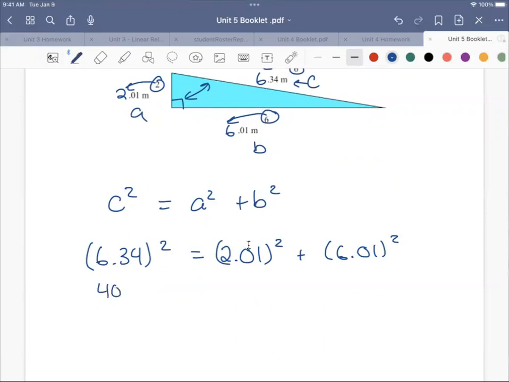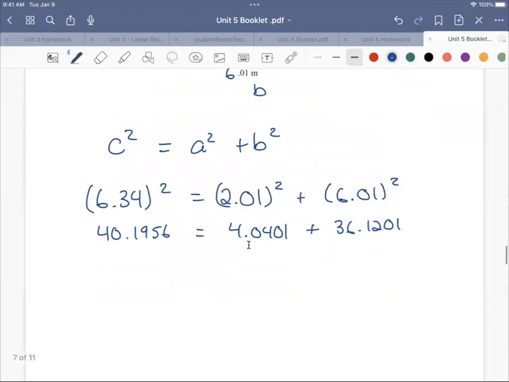So this ends up being 40.1956. 2.01 squared is 4.0401 plus 6.01 squared is 36.1201. We're going to add our 4.0401 to that, and I will get 40.1602.